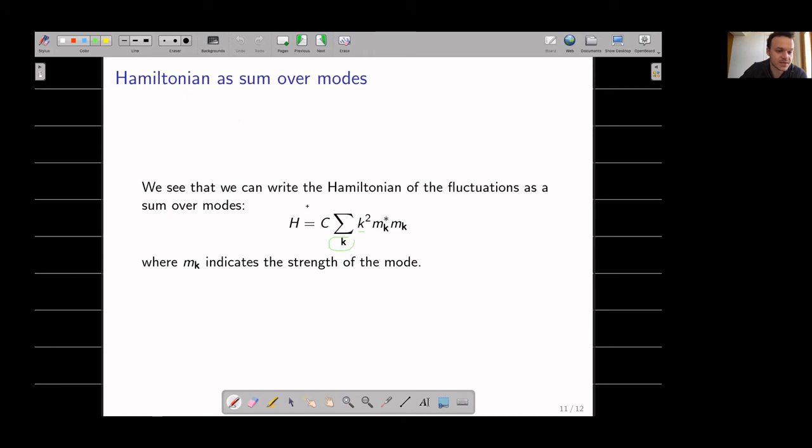So a bit more precise, right? Dimension. I guess if one writes it as h bar omega, then the frequencies should be c k squared divided by h bar, let's say.